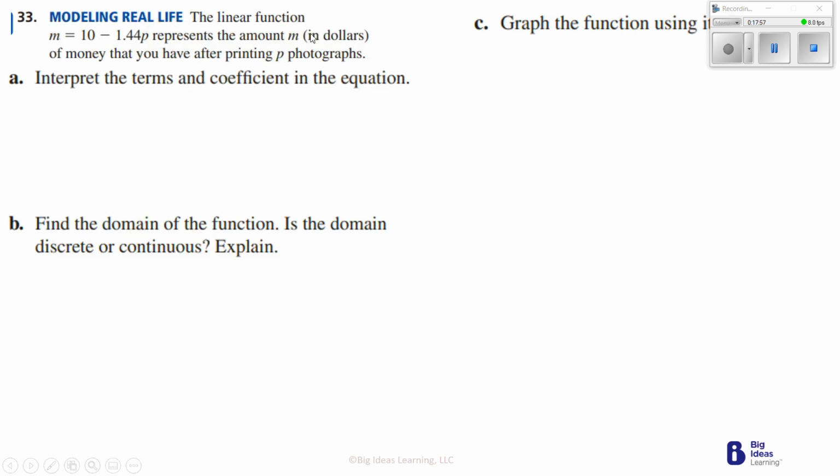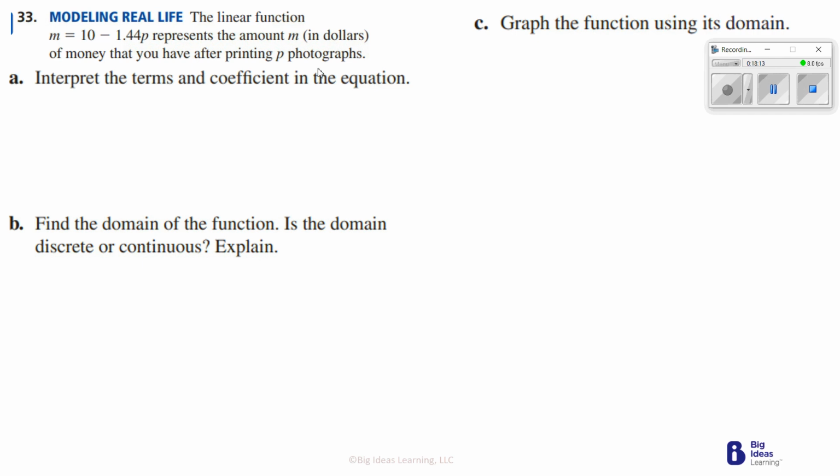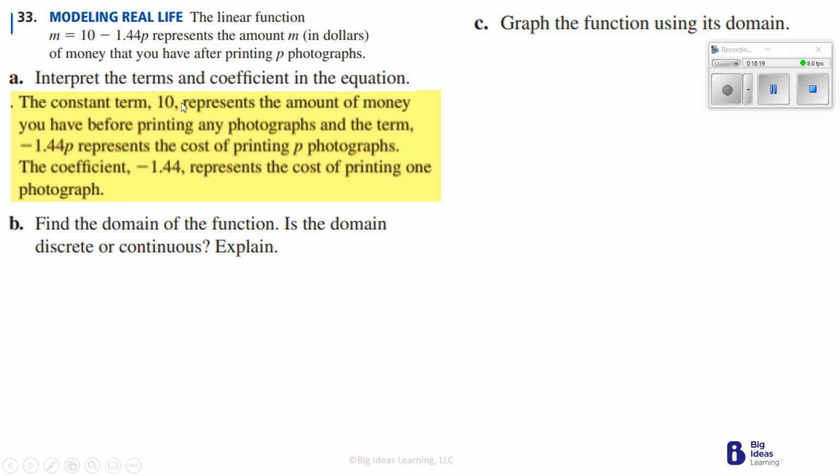Number 33, the linear function m equals 10 minus 1.44p represents the amount of money in dollars that you have after printing p photographs. Okay? So interpret the term and the coefficients. Well, if we do this, the constant term is 10. That's what we're starting with.